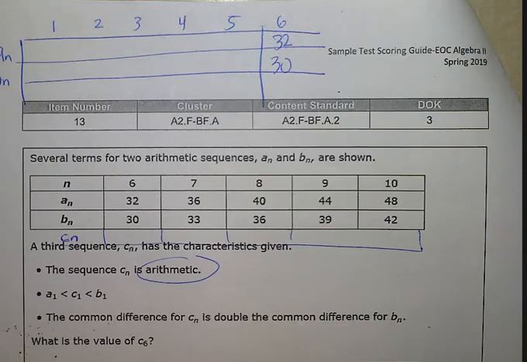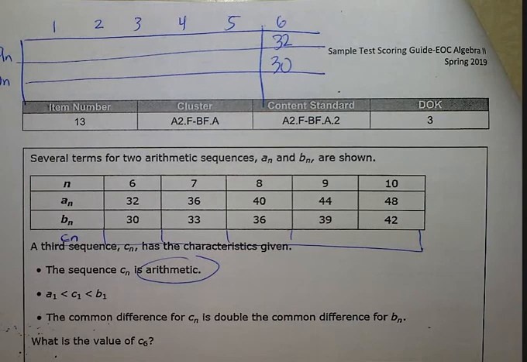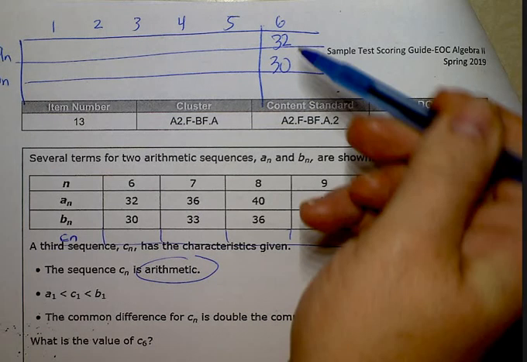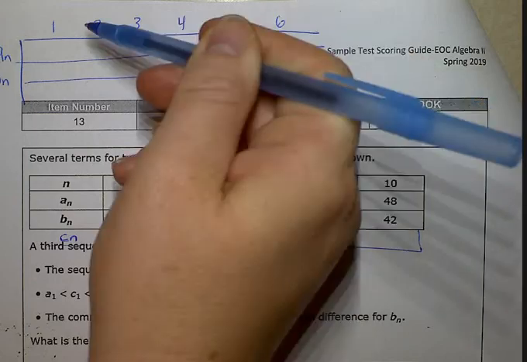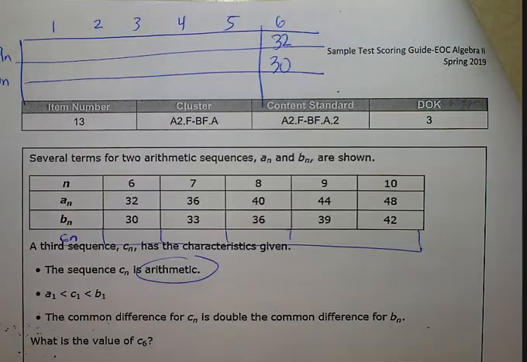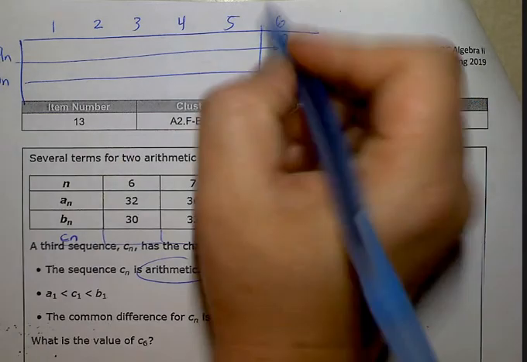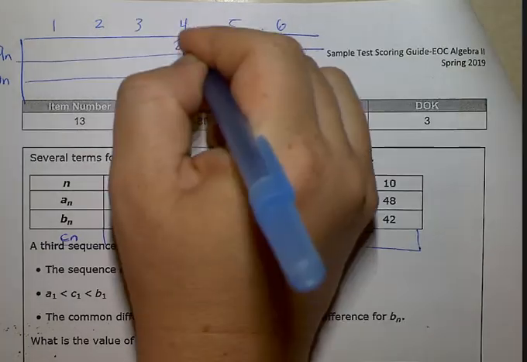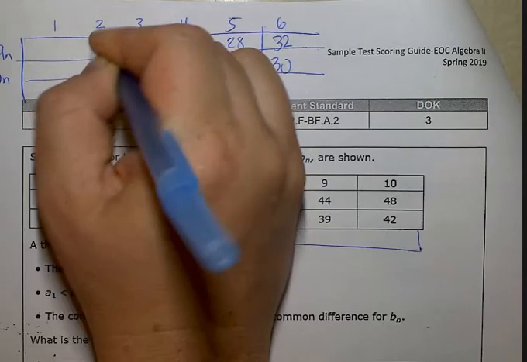Let's only focus so it's not so confusing on a sub n. Adding 4 consistently. So to go backwards, I'm not going to add 4, but I'm going to subtract 4. So subtract 4 to get 28, subtract 4 to get 24, 20, 16, and 12.